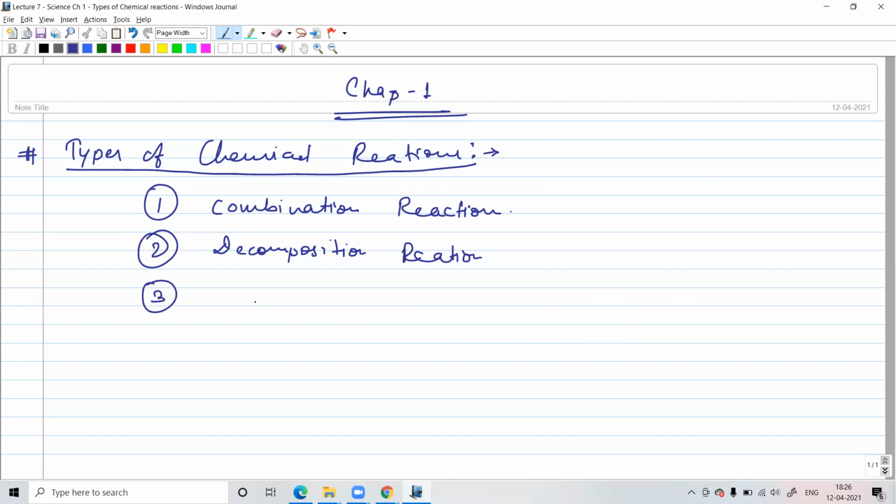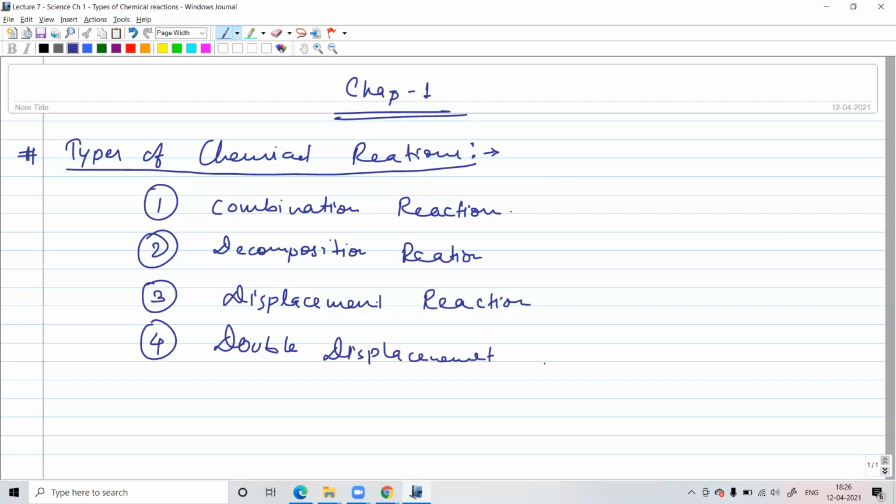Then we will learn displacement reaction. And in displacement, there is a double displacement also. So let's keep it separate. Double displacement. I'll explain what these mean, okay? And most of the double displacement reactions have another name also, called precipitation reaction.